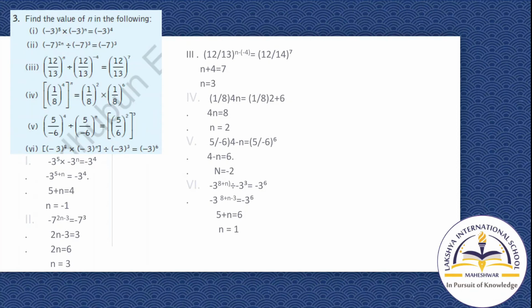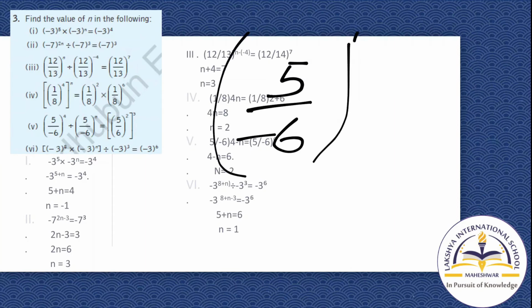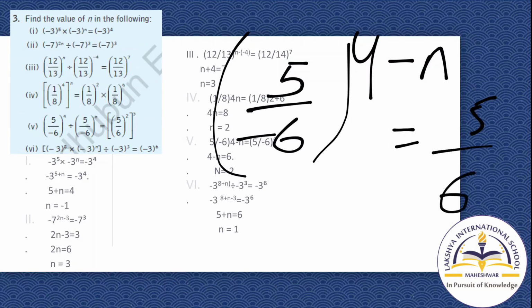This one. Now same here, you have to solve question number 3 and 4. Now I will solve question number 5. (5/6) raised to the power 4. Now here the base is the same and the division sign is there, so 4 minus n. Now here 5 by 6, and you can see 2 and 3 are there, so 2 threes are 6.